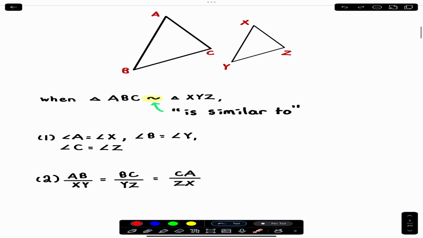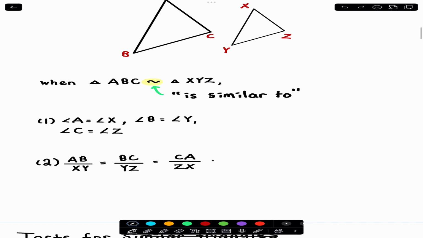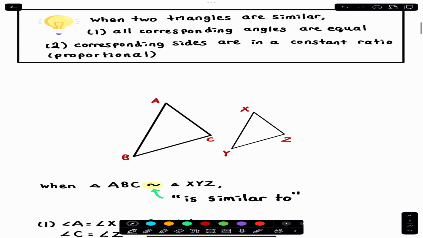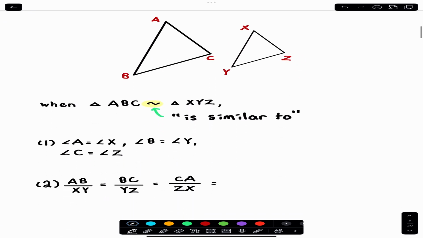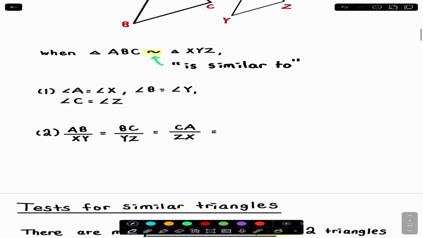So basically, if you take this side AB over XY, you take BC over YZ, and you take CA over ZX, well then, since it says constant ratio, this turns out to be the same number.